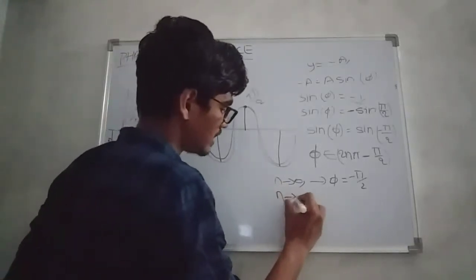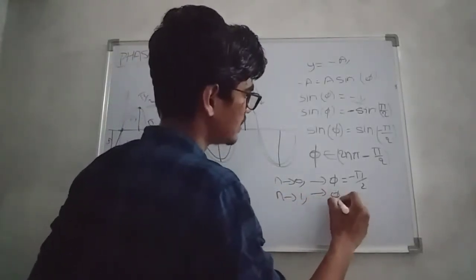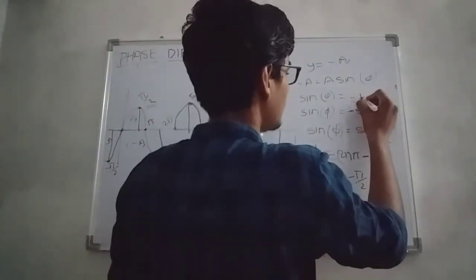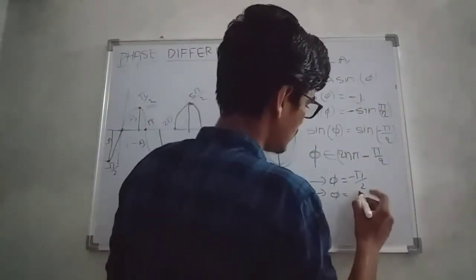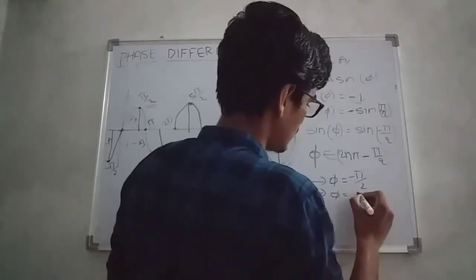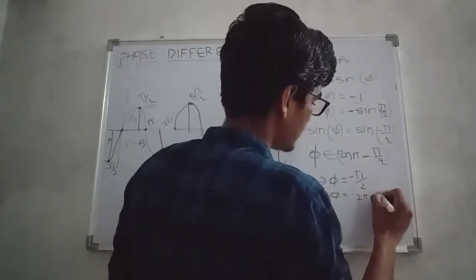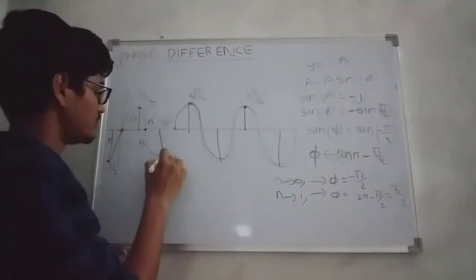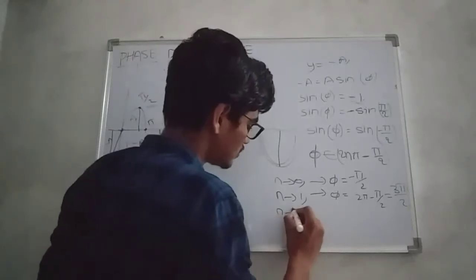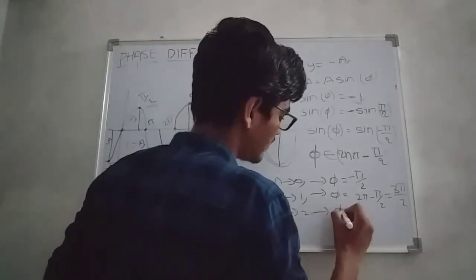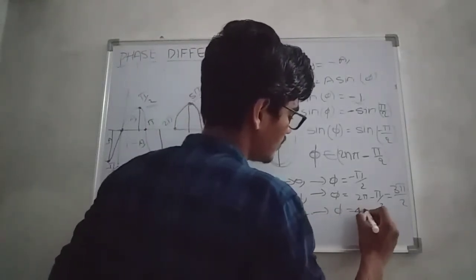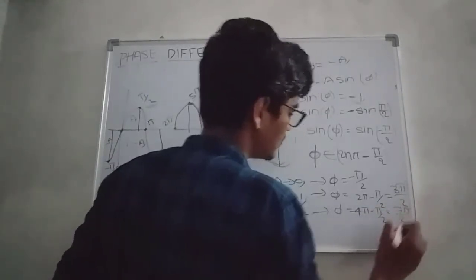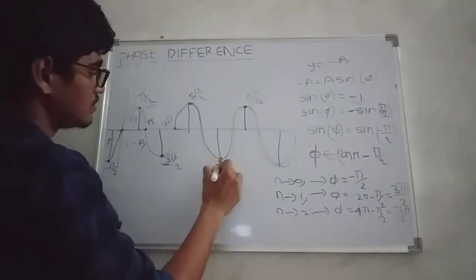So if we substitute n equal to 1, then we get phase is equal to 2 pi minus pi by 2, which is equal to 3 pi by 2, which is phase of this particle. And if we substitute n equal to 2, we get phase is equal to 4 pi minus pi by 2, which is equal to 7 pi by 2. So we get phase of this particle.